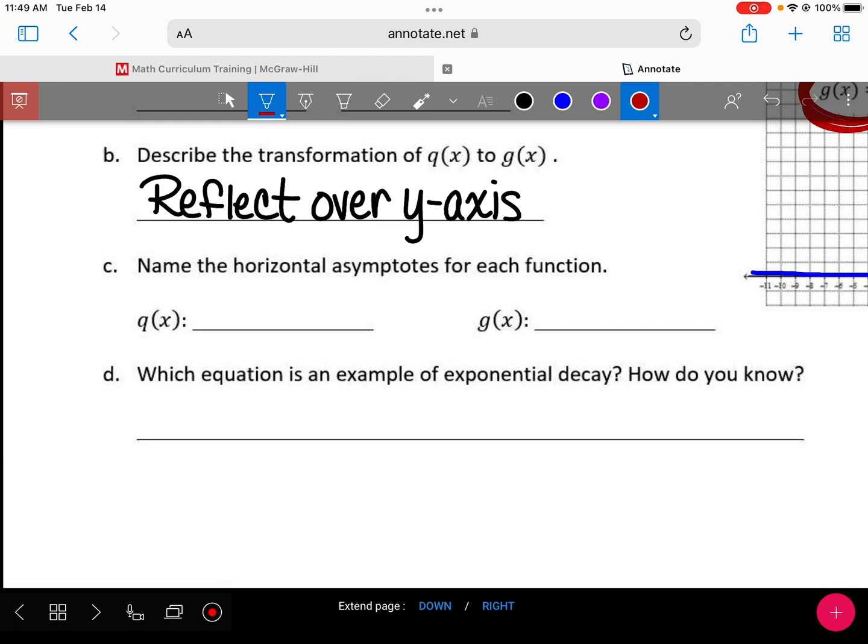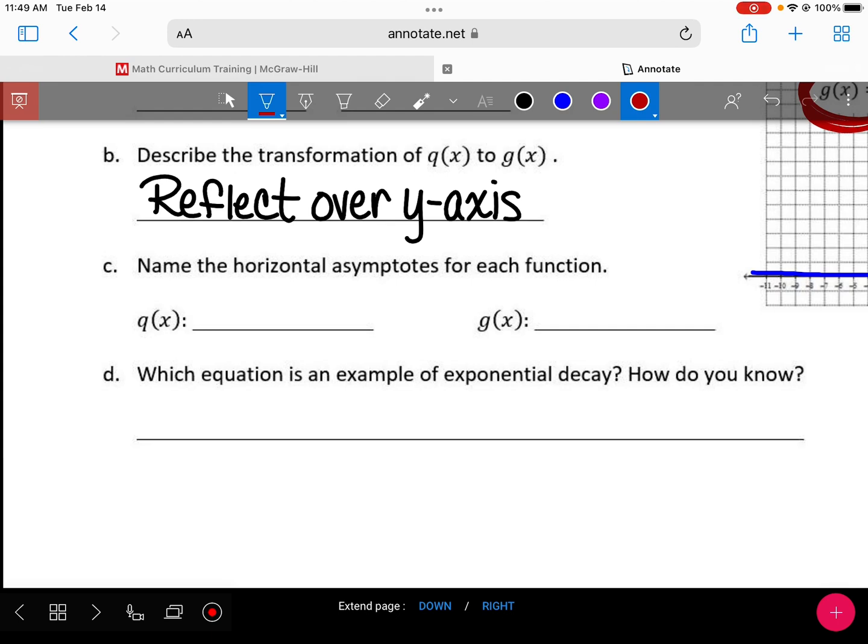Do I need to know about growth or decay for any of these questions? Which question? A, B, C, or D? Describe the transformation. We already described it. That's a reflection over y. We'll get there in a minute. Read all the questions.